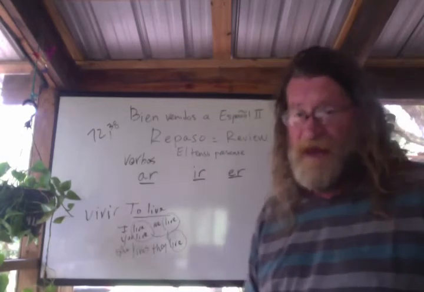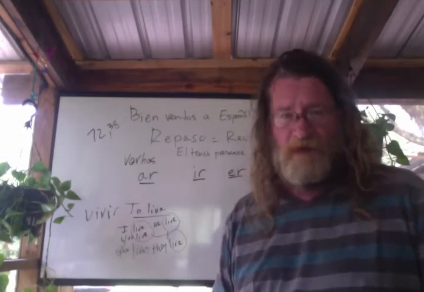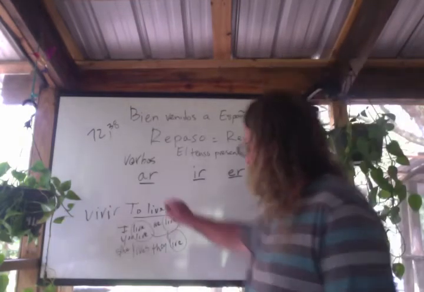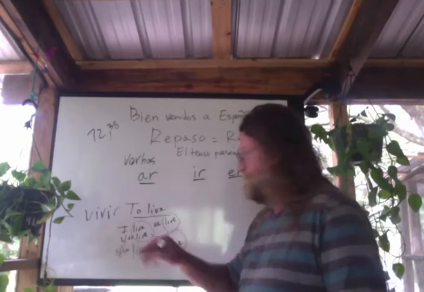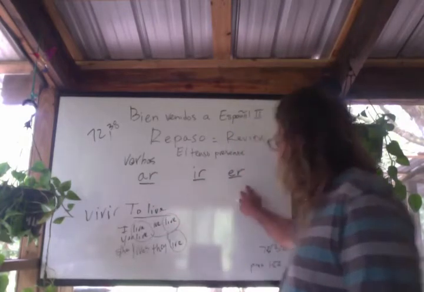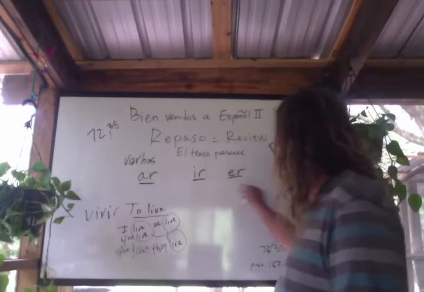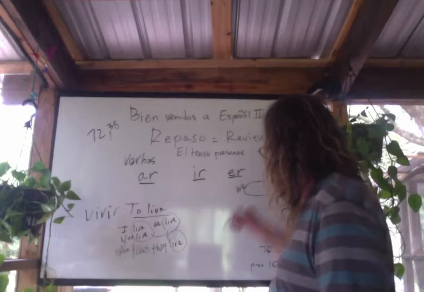And in Spanish, you actually have to change every verb in order to make it say what you want it to say. For example, in Spanish there are 3 types of verbs: AR, IR, and ER. IR and ER are almost the same with the exception of the we part.